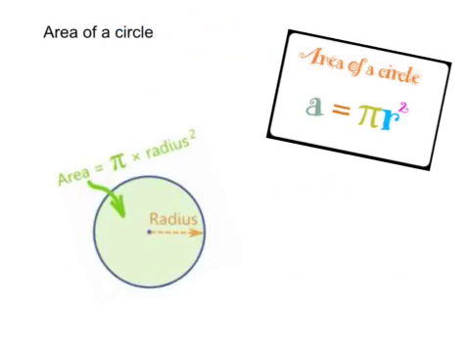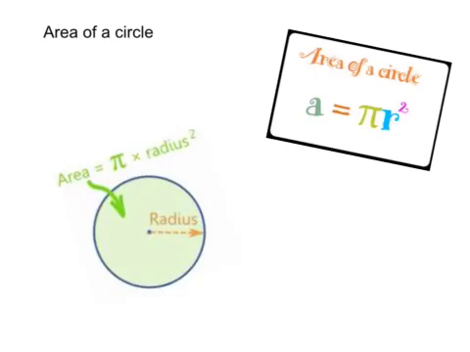Now we're getting on to the really tricky stuff, the area of a circle. To be able to work out the area of the circle, you need to know the radius, and the radius is always the midpoint of the circle to the edge. So once you know your radius, we need to do pi times the radius squared, pi r squared.